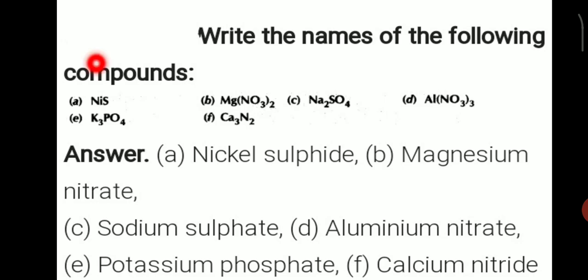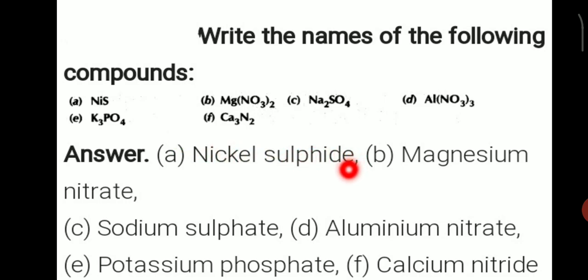S is sulfur, but when it is combined with a metal, it is named sulfide. Ni as the cation, we write as the name itself. The metals we usually write the name straight away. Nickel sulfide.